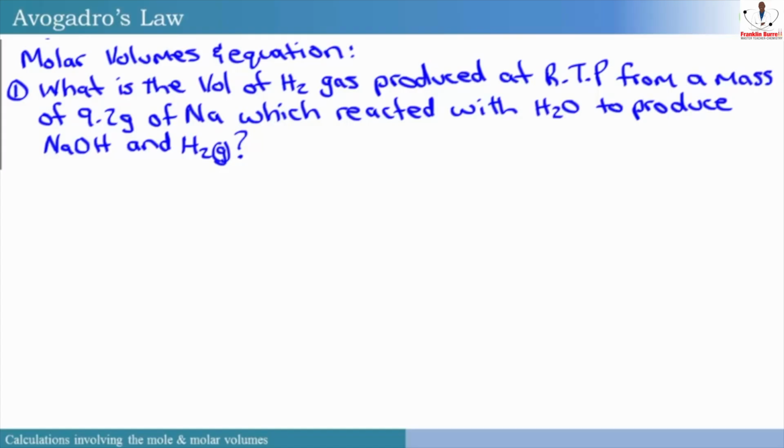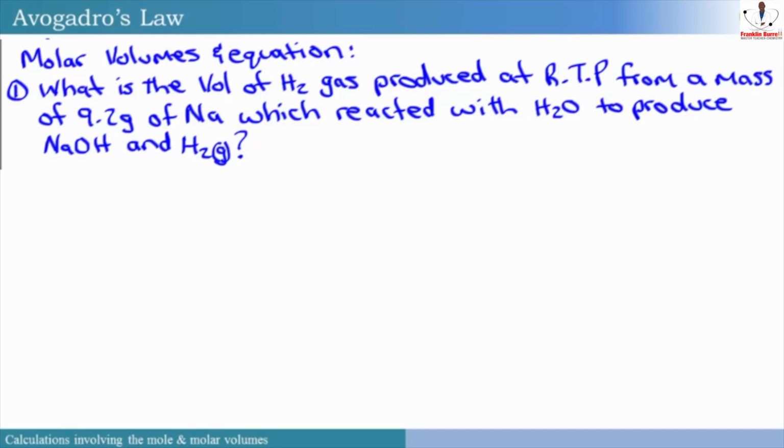But we can also find the volume of H2 produced at STP or RTP, depending on which one the question asks for. In this case, it says, what is the volume of H2 produced at RTP? So right away, we know that we must use 24 dm³ per mole for RTP.